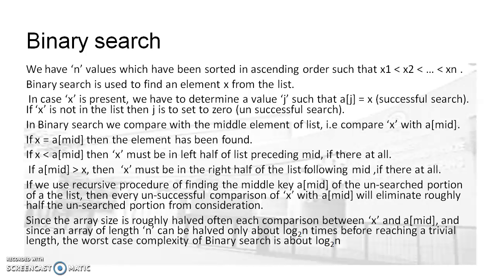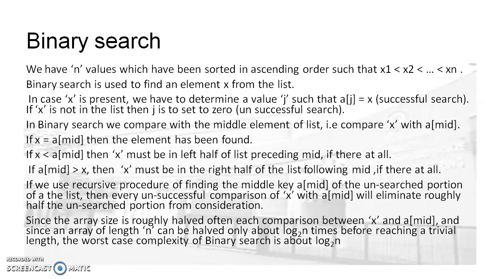So if we are using this recursive procedure to find out the middle element of the unsearched portion of the list, then every unsuccessful comparison of x with the middle element will roughly eliminate half of the unsearched portion from consideration. So we always narrow down our search.